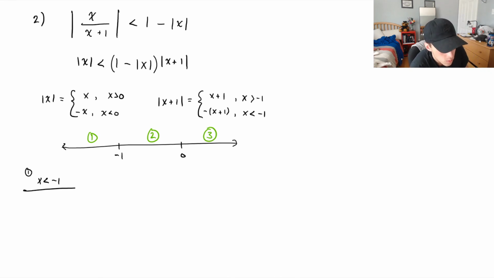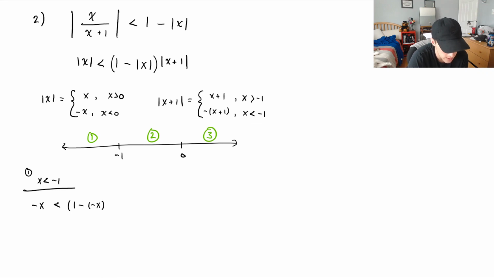When x is less than -1, x is clearly in the less than 0 domain, which means that absolute value of x will take on -x as its function, right? So we've got -x is less than, and now we've got the quantity of 1 minus, and we just said absolute value of x will take the form of -x.